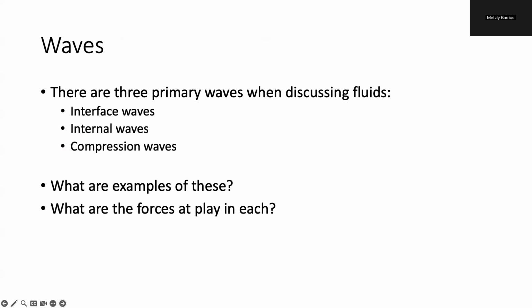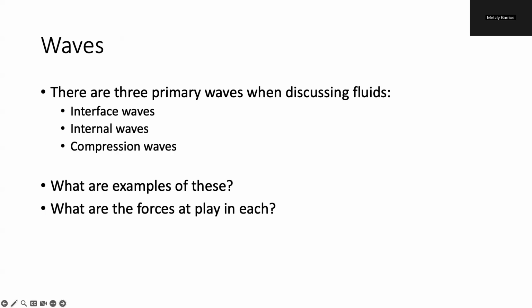So what is an interface wave? It's just a surface with a different surface. Yeah, different surface. So in particular, interface waves occur at the interface of 2 immiscible media. They don't happen here.